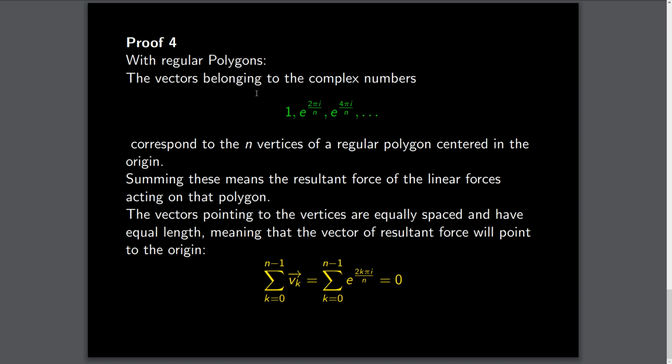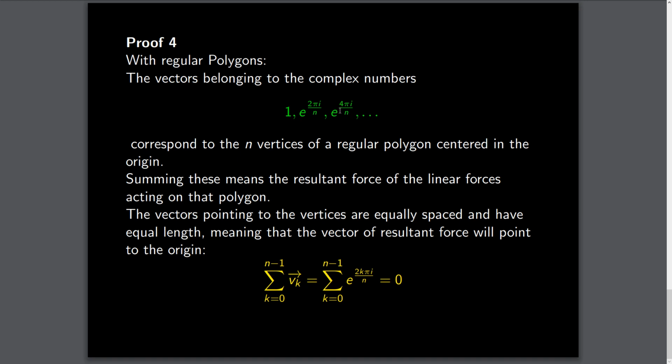Our next proof involves the utilization of regular polygons. If we are taking these numbers, 1, e to the 2 pi i divided by n, e to the 4 pi i divided by n, and so on and so forth, these are complex numbers.